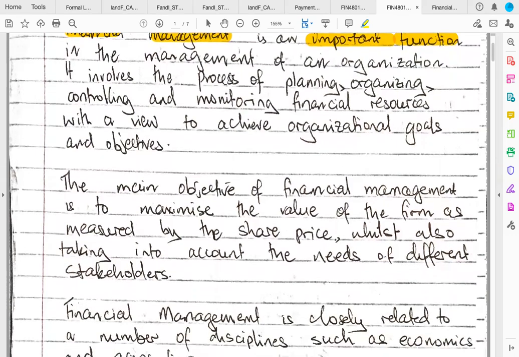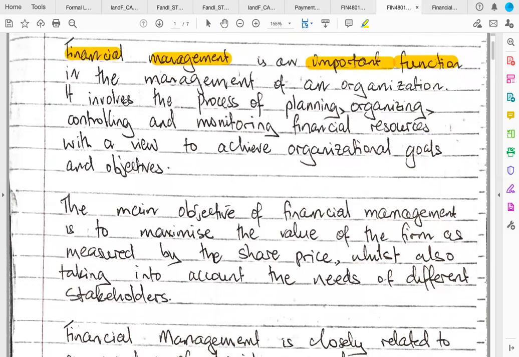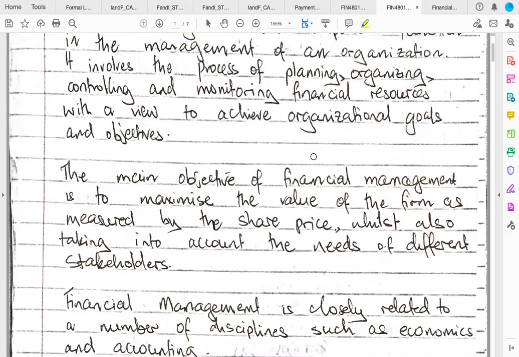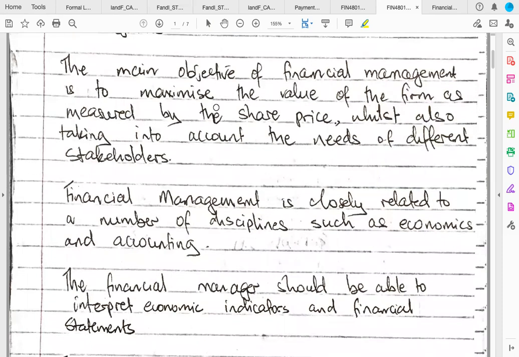Okay, so the financial management function involves the process of planning, organizing, controlling, and monitoring financial resources with a view to achieve the organization's goals and objectives. So remember, the main objective of any company, including the financial management function, is to maximize the value of the firm.